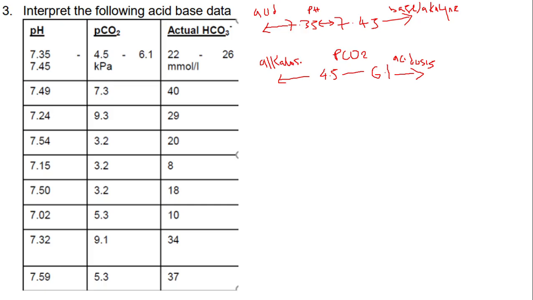So this will help you to diagnose. Now this partial pressure for carbon dioxide, it's respiratory. We know oxygen and carbon dioxide deals with what? Respiration, right? So which is respiratory.